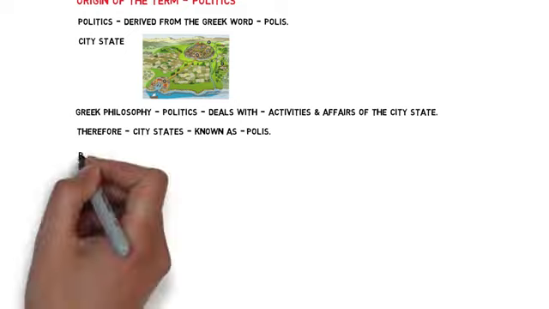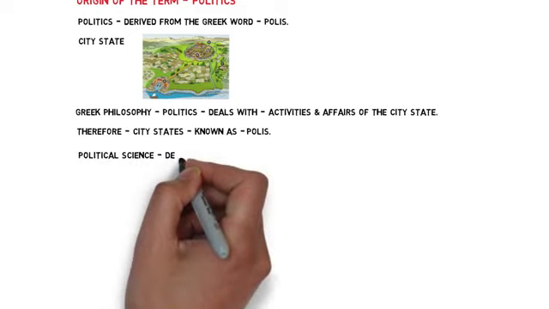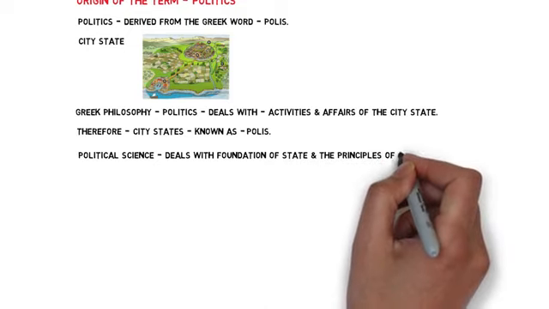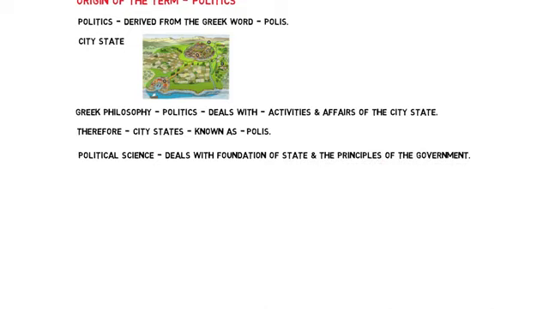as polis. Moving on, political science is that part of the social science which deals with the foundation of the state and the principles of the government.